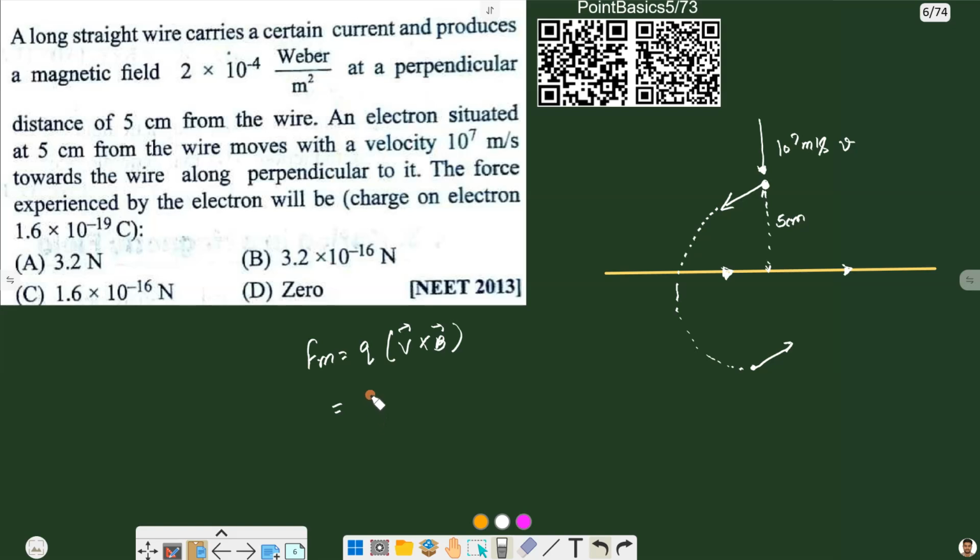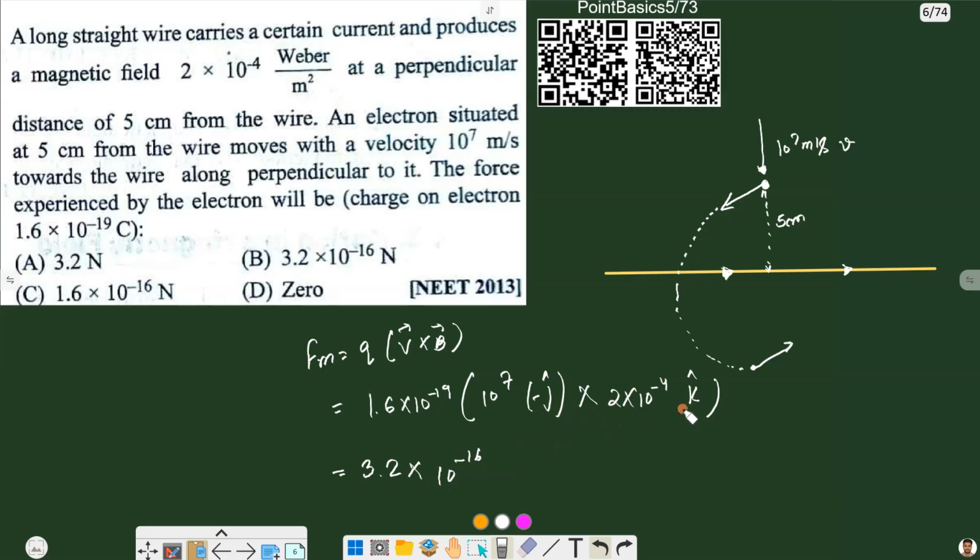Charge is 1.6 into 10 raised to power minus 19. Velocity is 10 raised to power 7 in minus j direction, or negative y direction. Cross product with the magnetic field that is already given to us, 2 into 10 raised to power minus 4 in the positive k direction, assuming this direction of current. So solving these we will get 3.2 into 10 raised to power minus 12 minus 7, that is 10 raised to power minus 16, with minus j cross k.